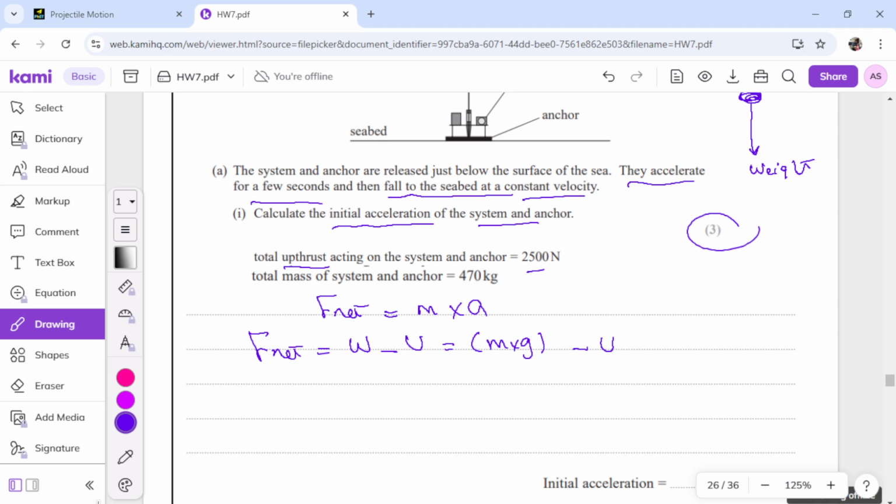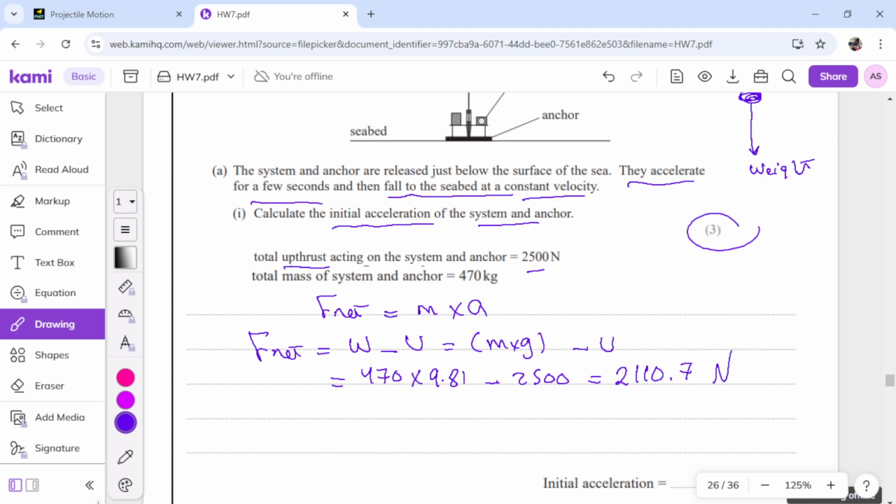So it will equal 470, the mass, multiplied by 9.81, minus 2500. I have to use my calculator. Now we have 2110.7 Newton.